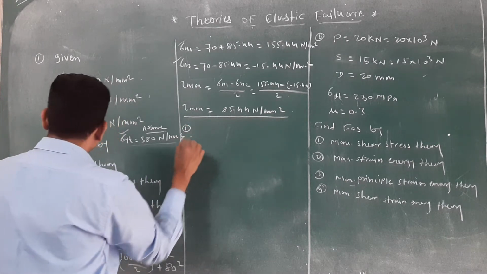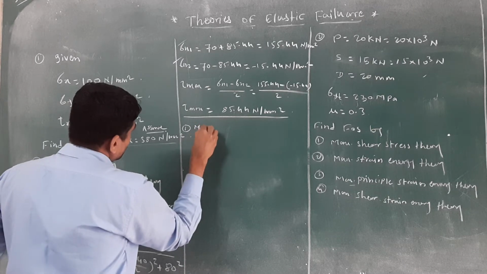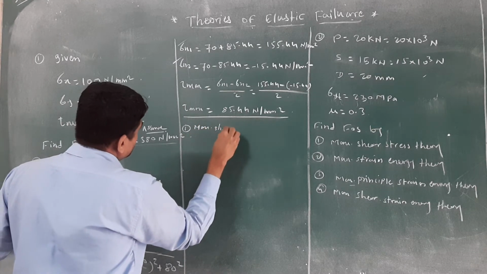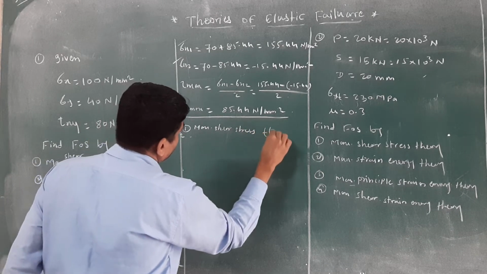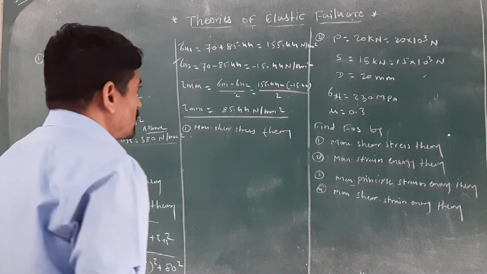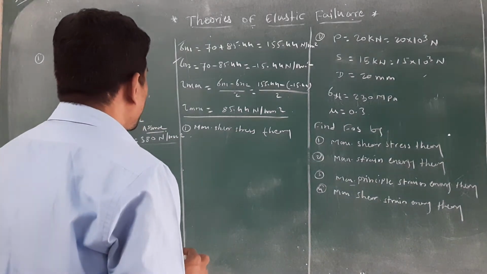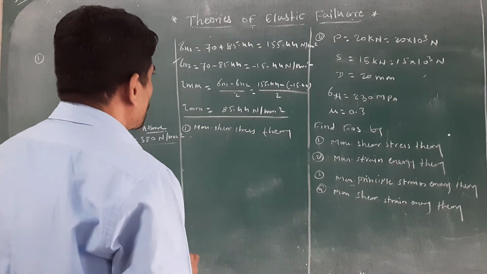See, first is a maximum shear stress. I will write here maximum shear stress theory. How to calculate that maximum shear stress theory? You can calculate the factor of safety by maximum shear stress theory. There are two methods.